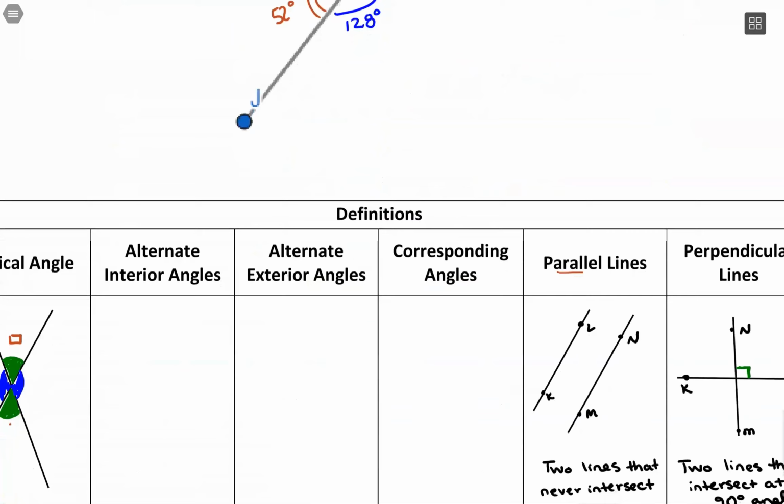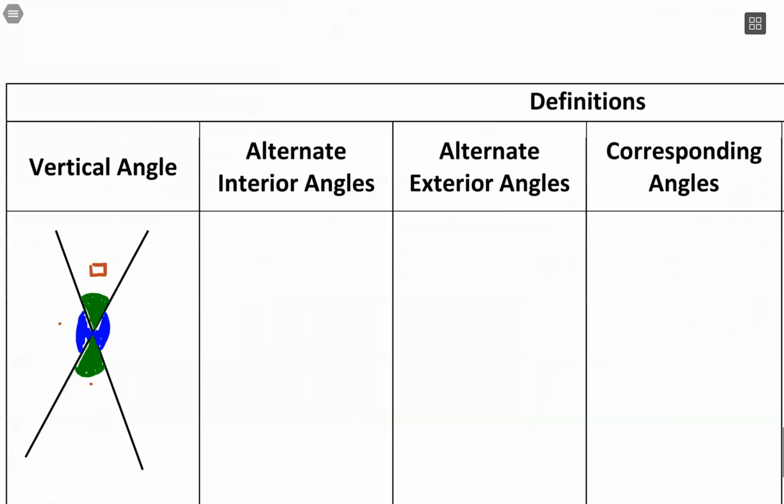Some other properties that come through in this scenario are alternate interior angles. If I draw a picture for some line being intersected by 2 parallel lines, the interior part of the picture is in here. That's the interior of our intersections. Alternate interior means, say we focus on this angle here, if we go to the other intersection and on the opposite side, that measurement is going to be the same.